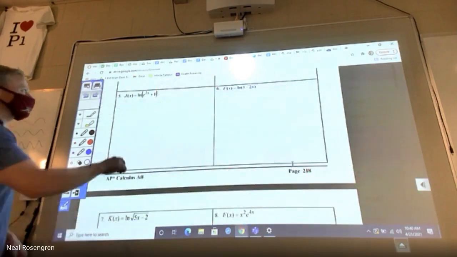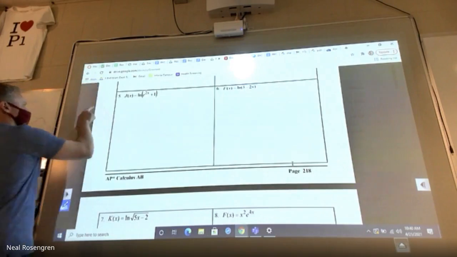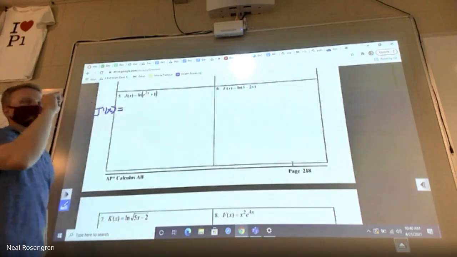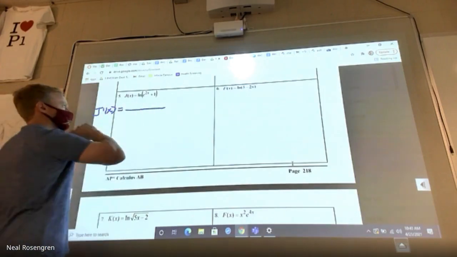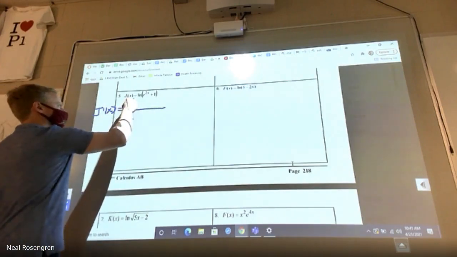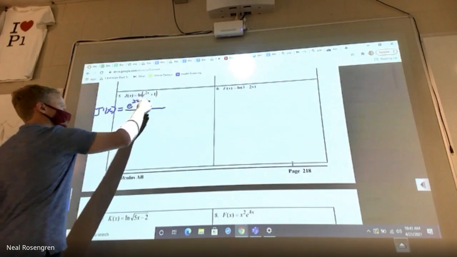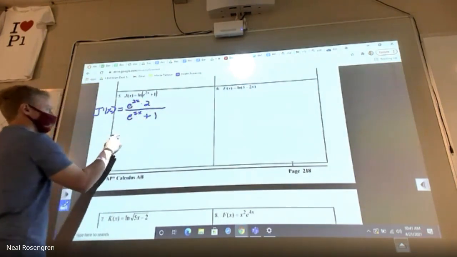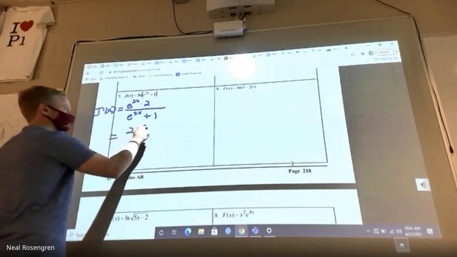All right, 5 and 6 coming. Logs, derivative of the inside, and then leave it the same. So 2 e to the 2x.